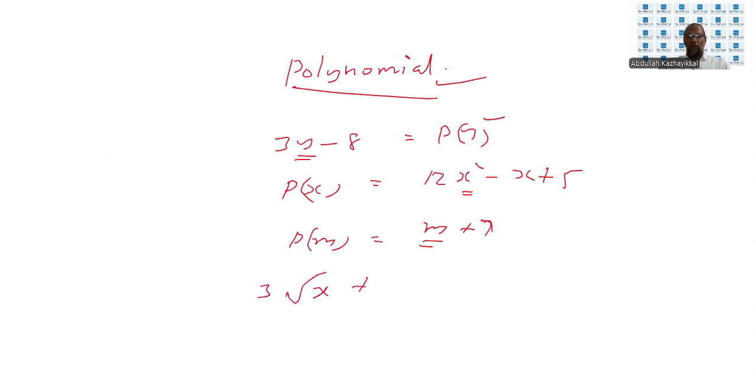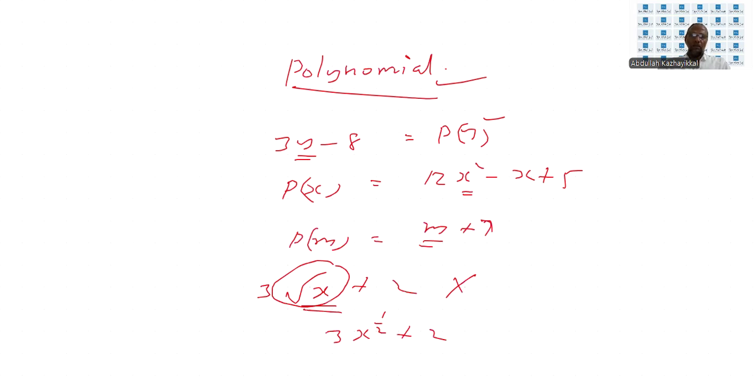It is not a polynomial, because the power of the variable x is not a whole number. We know that 3x to the power of half plus 2, this one. It's a radical sign you can see here. Root of x means x to the power of half.